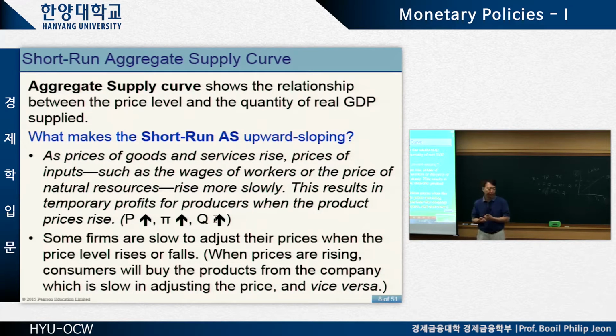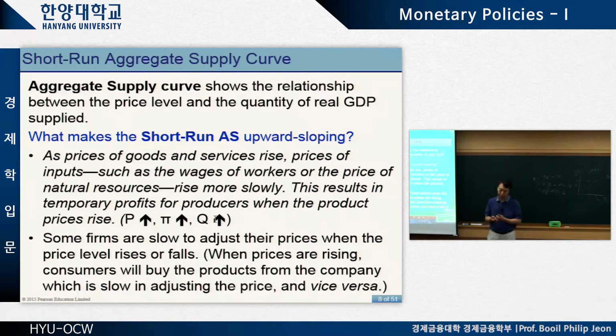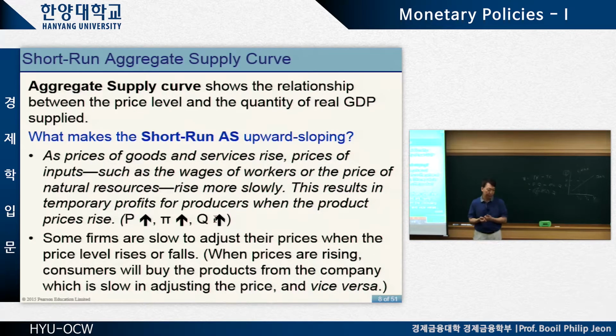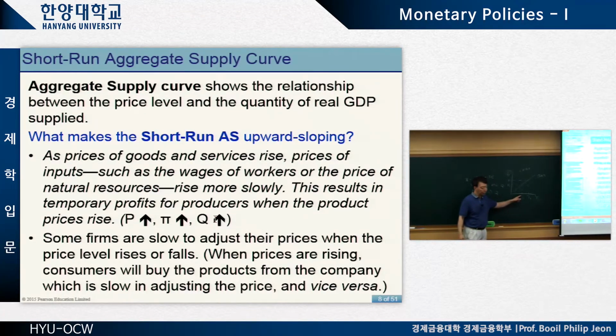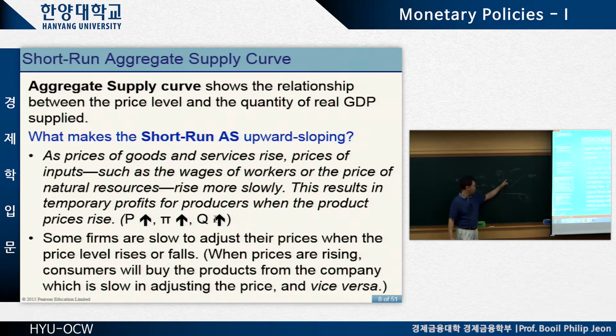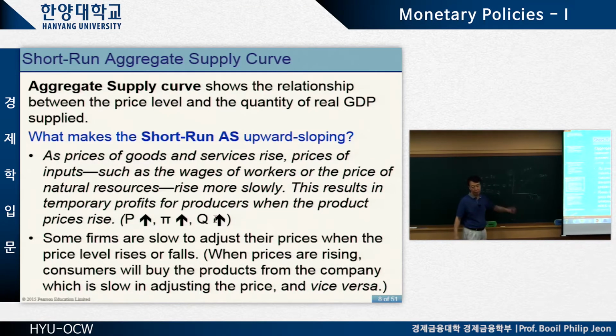But pretty soon, they realize that not only their product price, but the input price also goes up. So when they find out the input price is higher, they're going to reduce the output back to the original level. So in the long run, there will be no change in the output and income, but only the price level will change.